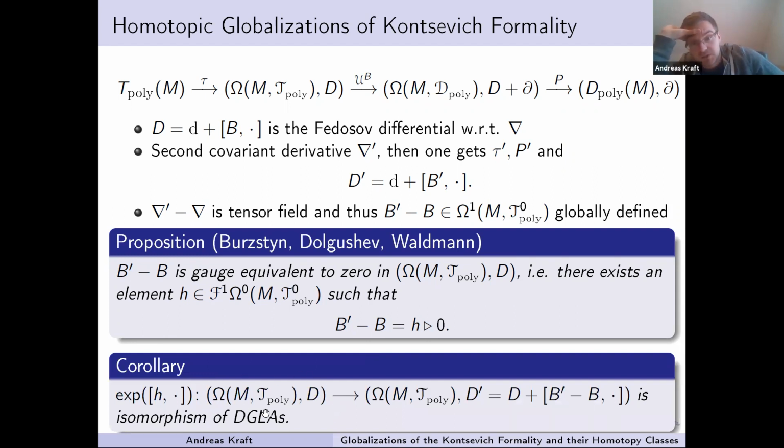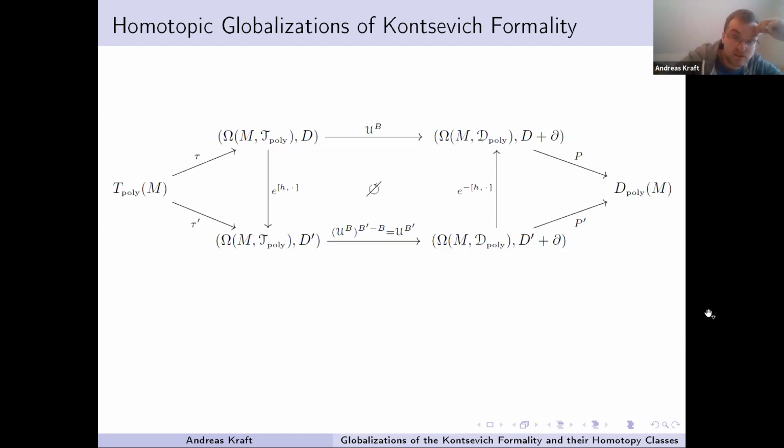So twisting by 0 doesn't change anything. And if we twist d by b prime minus b, we get just d prime. So this just says that the two Fedosov resolutions are isomorphic as the DGLAs, which is also not really surprising. But well, so let's summarize in this diagram.